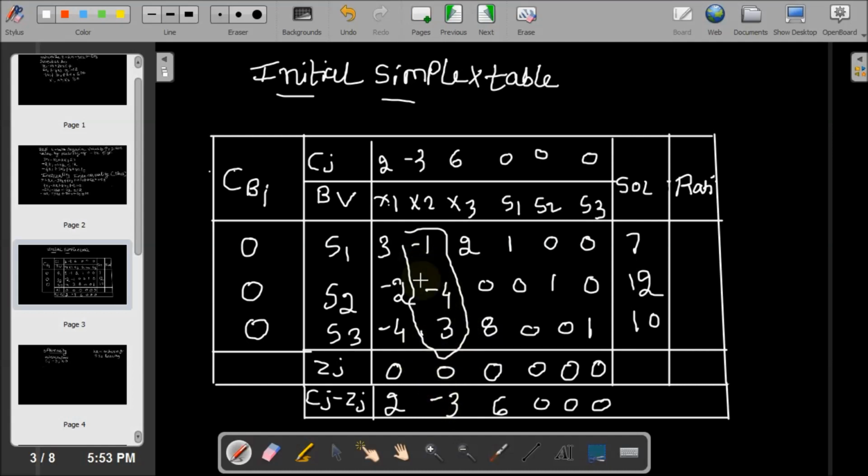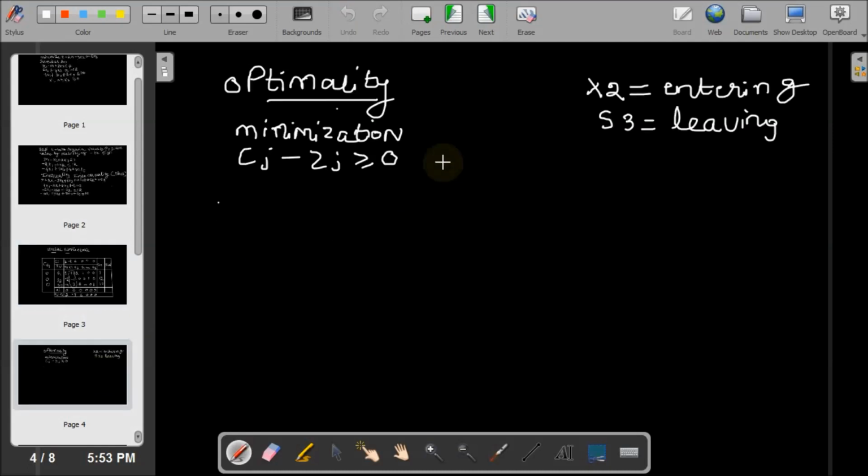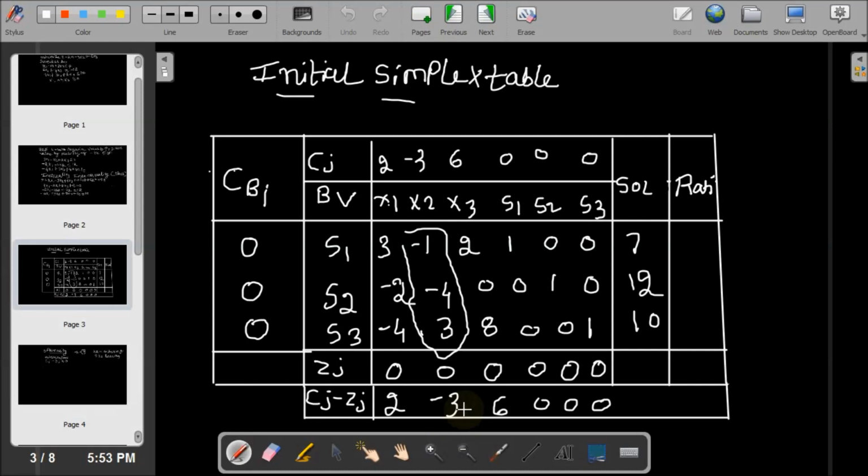Suppose I have two values, for example -2 and -7. Then which is the most negative value? You have to select -7. But in this case only one negative value is there, -3. That's why it is easy for me to select the key column.